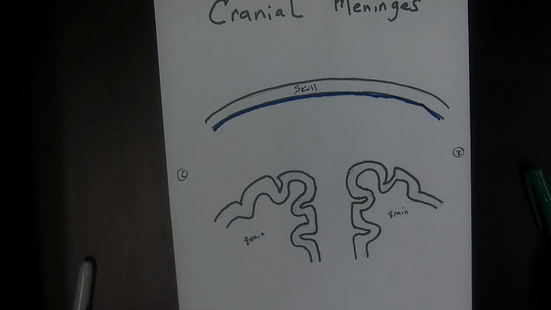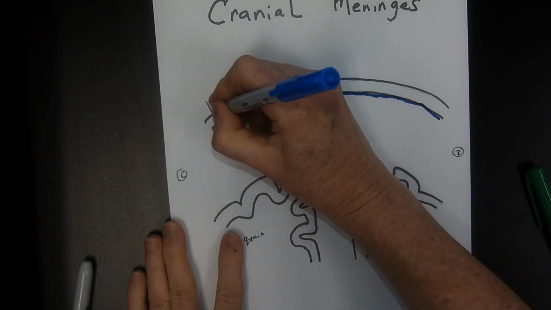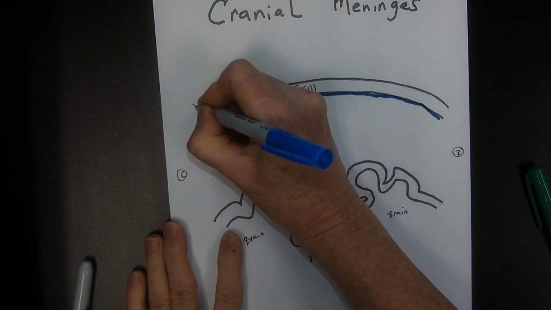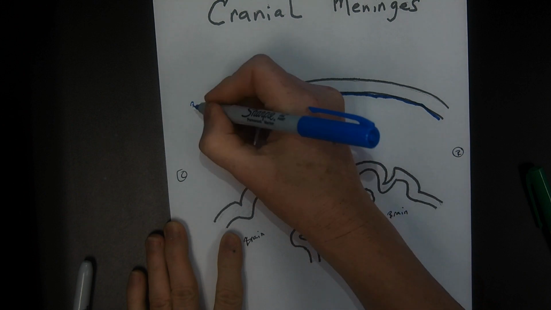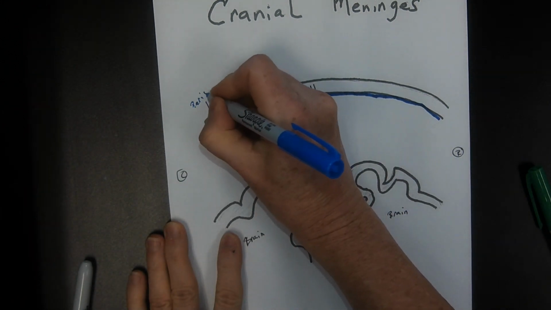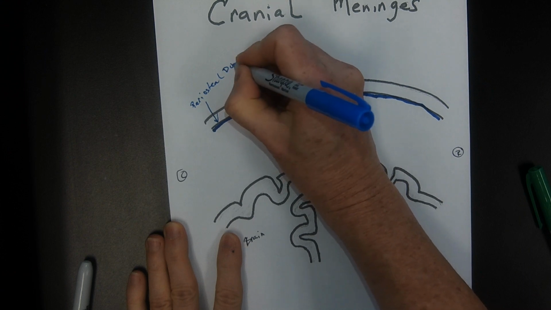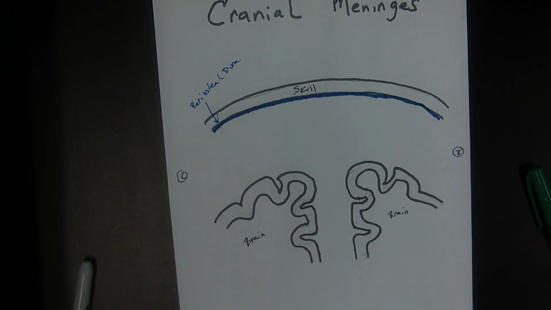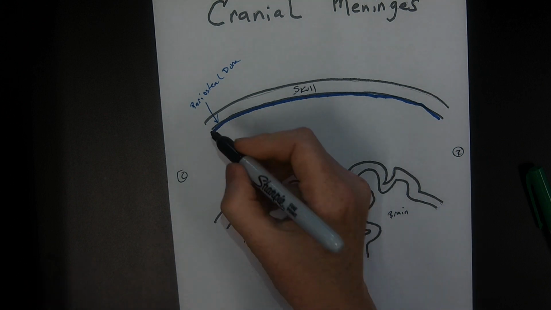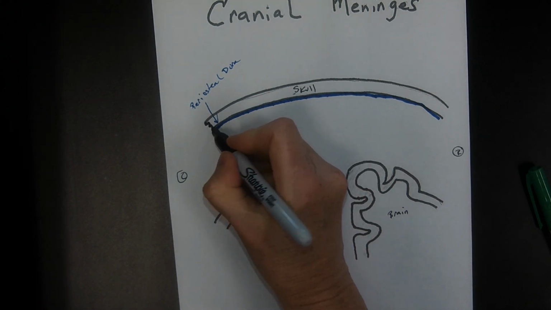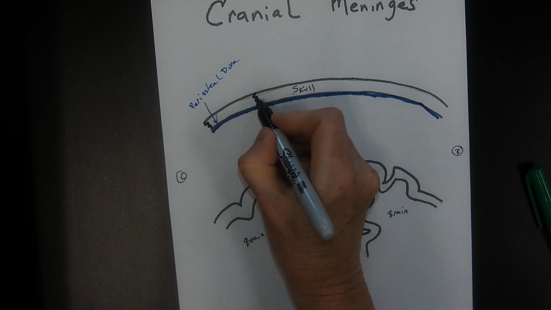Okay, this layer is tightly adhered to your skull, and the dura mater, this layer is called your periosteal. That's your periosteal dura layer. And your periosteal dura layer is very tightly adhered to your skull, and it's particularly tightly adhered to the sutures in your skull.